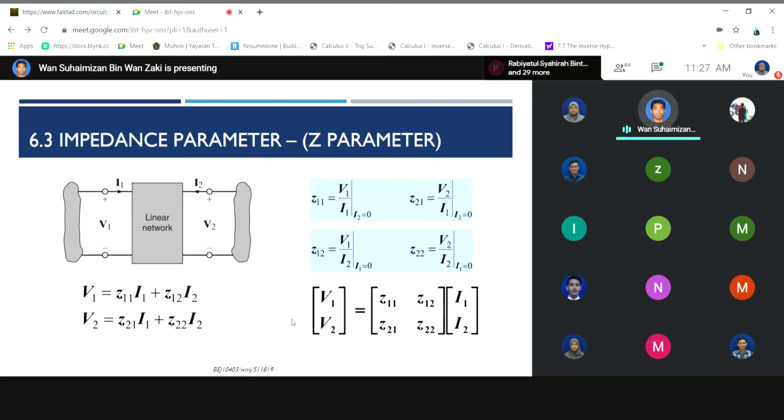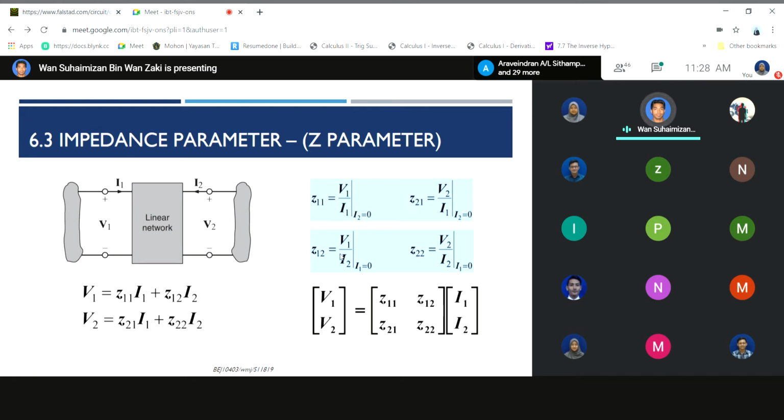So how do we determine Z11, Z12, Z21, Z22? We need to set I1 or I2 equal to 0. If you set I2 equal to 0 in this equation, you can get Z11 and Z21: the formula reduces to Z11 equals V1 over I1, and Z21 equals V2 over I1.